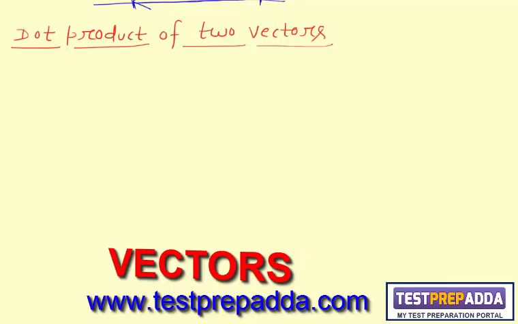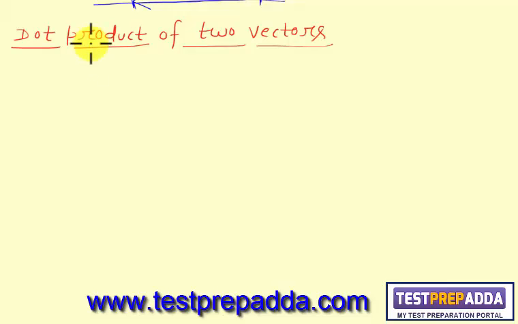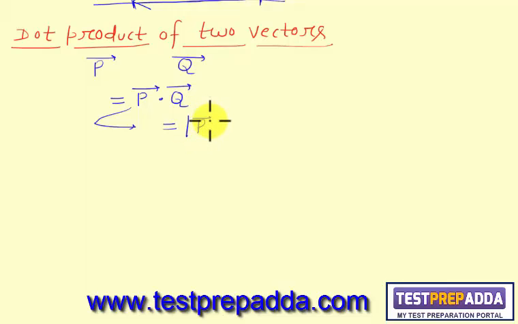Consider two vectors P and Q. The dot product of these two vectors will be written as vector P dot vector Q. A dot is there in between the two vectors, and it is defined as magnitude of vector P into magnitude of vector Q into cos theta.